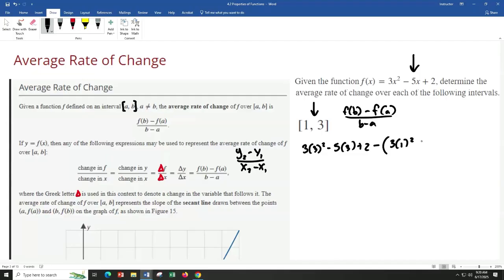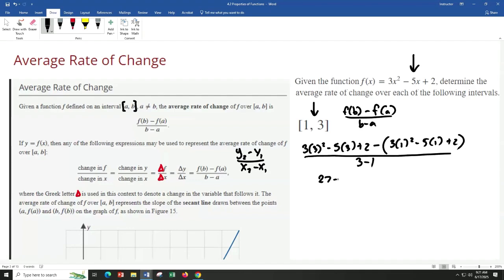3 times 1 squared minus 5 times 1 plus 2, all over 3 minus 1. I'll leave you to clean that up. Very simple. Use your calculators, right? When you end up finishing this off, you end up getting this.